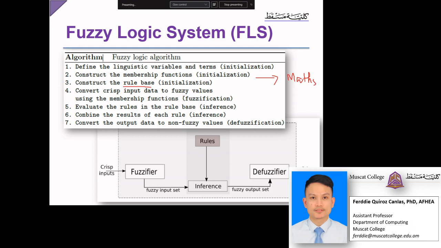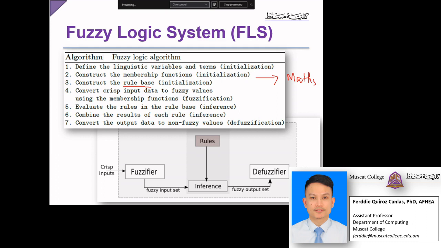So you have to create your rules. A series of if-else statements will be done for your rule base, and then from there you have to compare and determine the conclusion based on your membership function values.